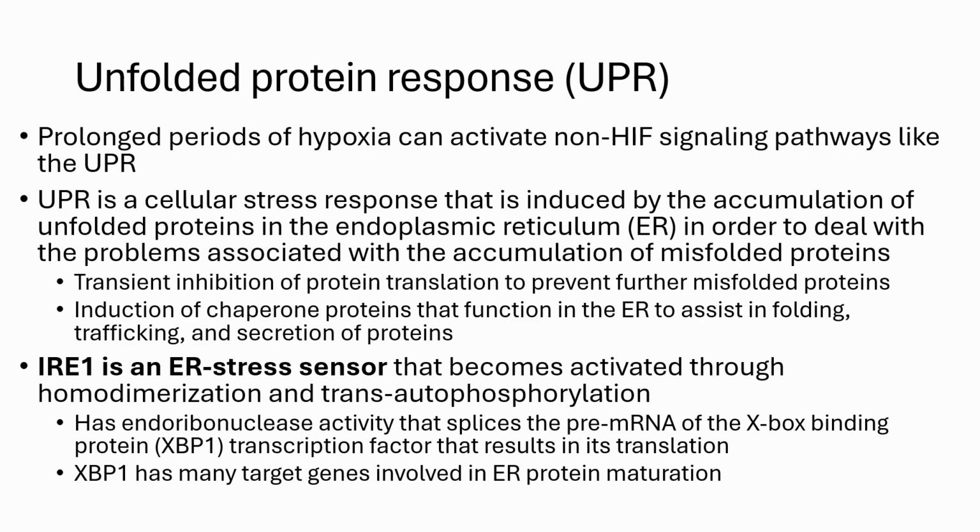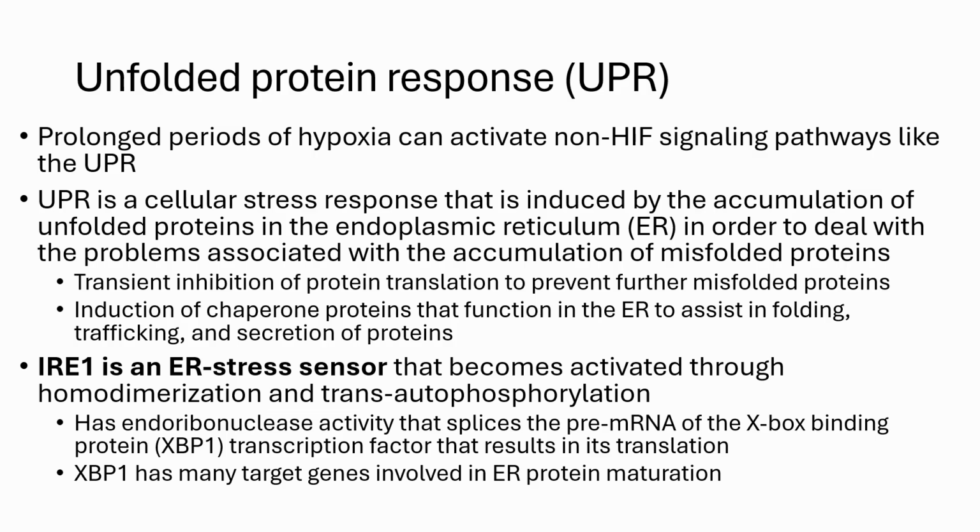So we're going to prevent protein translation so that we don't accumulate any more misfolded proteins, and for the misfolded proteins that we do have, we're going to have chaperone proteins that function to assist in appropriate folding.